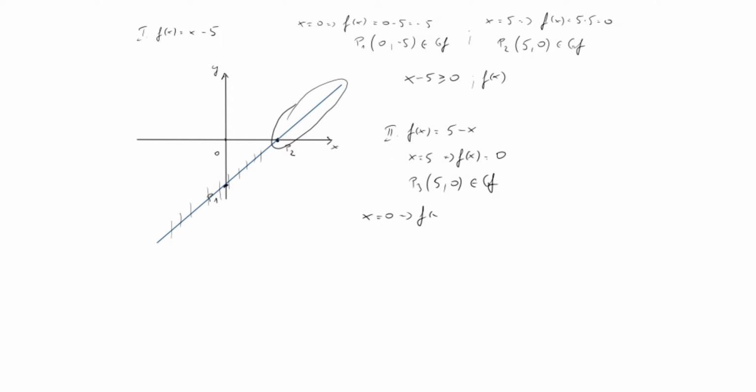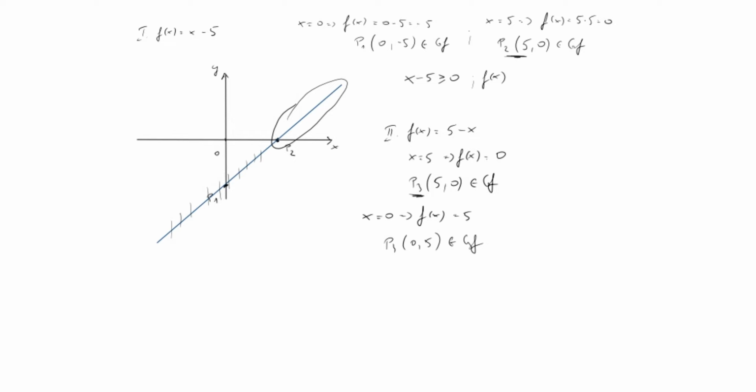In this case f of x will be 5. So P4 of coordinates 0 and 5 is part of the graph. Okay, so P3, 5 and 0, is the same as P2.